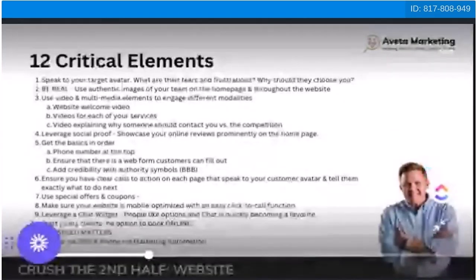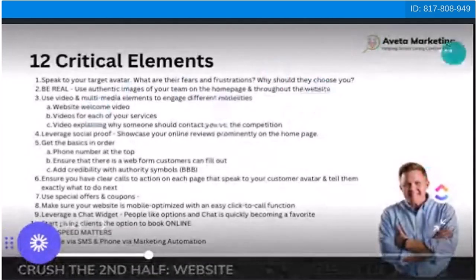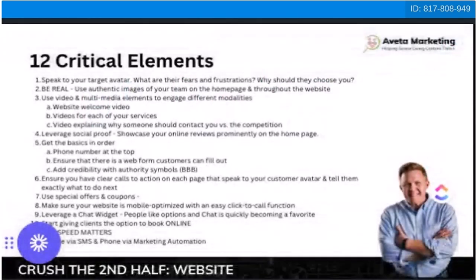We'll go through these. We're going to talk about several of these in the webinar, but I wanted to give you this list. First of all, you really do need to speak to the avatar, to the person that's looking for what you've got. We want to be real, use real photos of your team, you, the home.